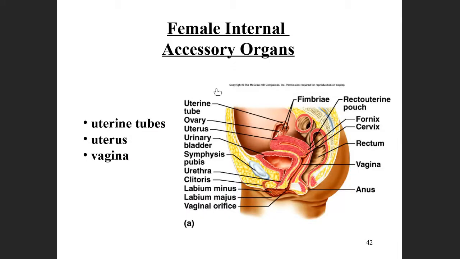All right. Now, the accessory organ of the female reproductive system, of course, is the uterine tube, which is the fallopian tube that serves as a conduit, if you will, for the secondary oocyte to travel down to the uterus, which is this muscular organ, and then the vagina here.